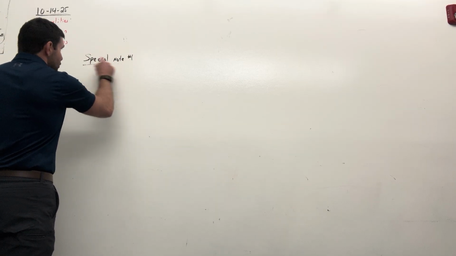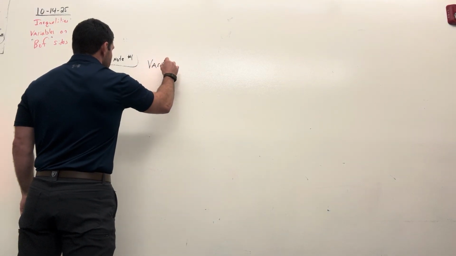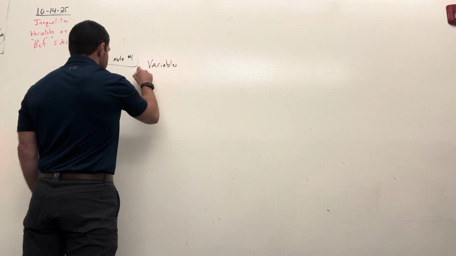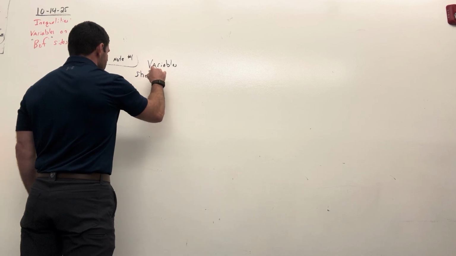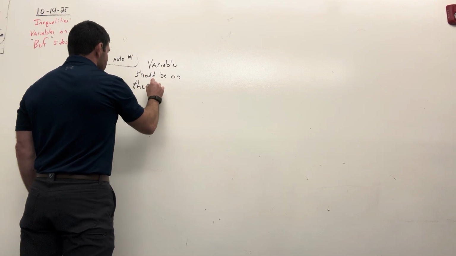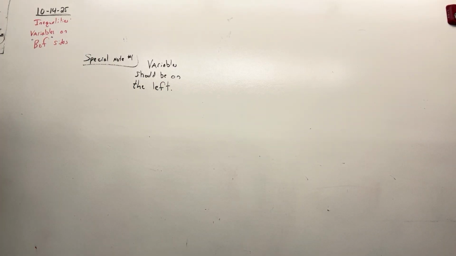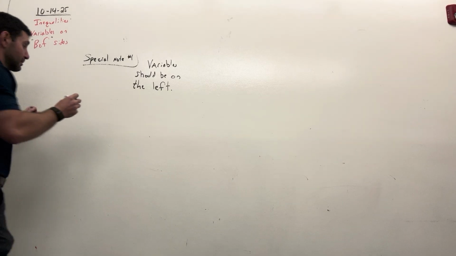Special note number 1: variables should be on the left. That's number one. Variables should be on the left. So get your notes out. This is what we're doing. I'm going to give you plenty of time to work on your homework for today.